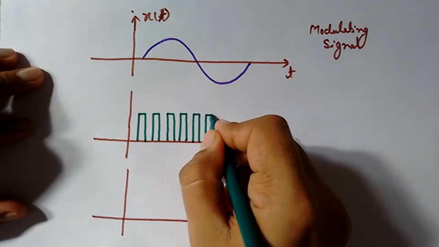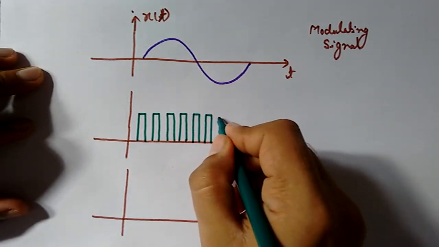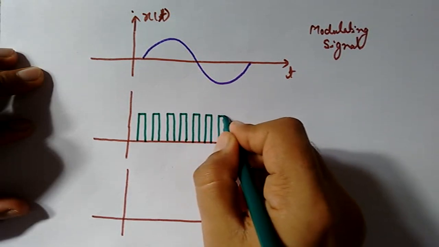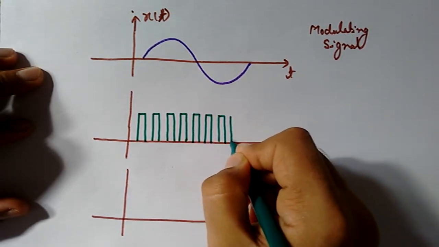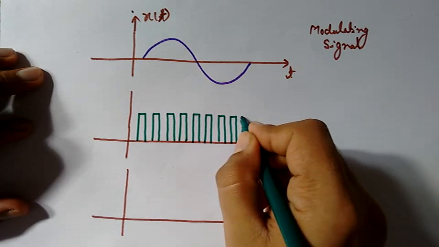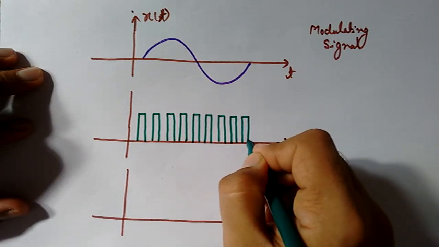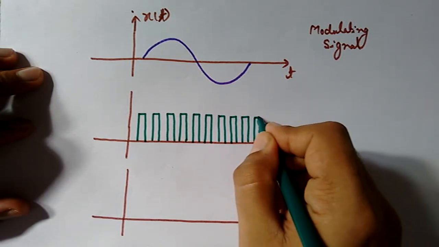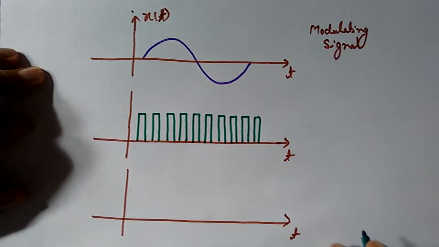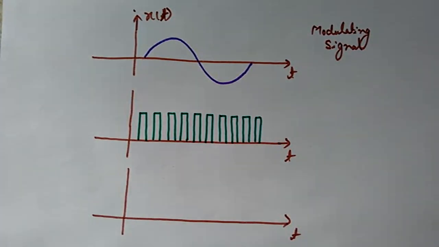It is simply a train of pulses having constant amplitude and constant width, and these have equal space between the pulses.